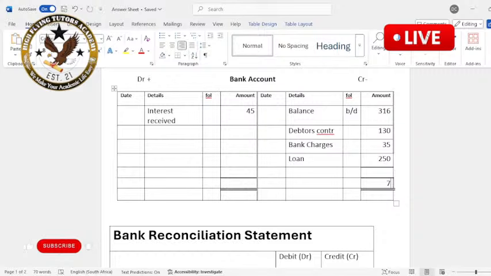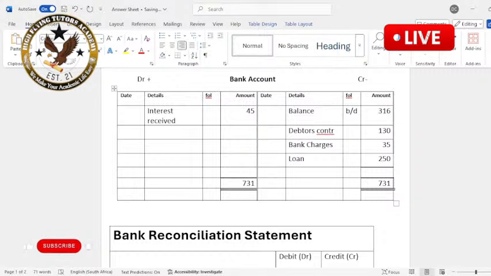Let me just get more confirmation on that. I'm also getting 731. So it means that 731 is the one that is correct, because even I am getting it. But I also want us to confirm.